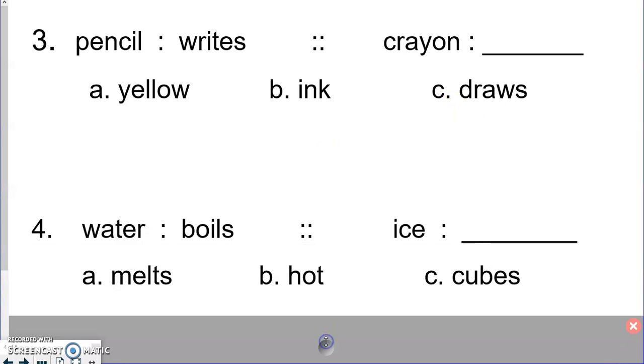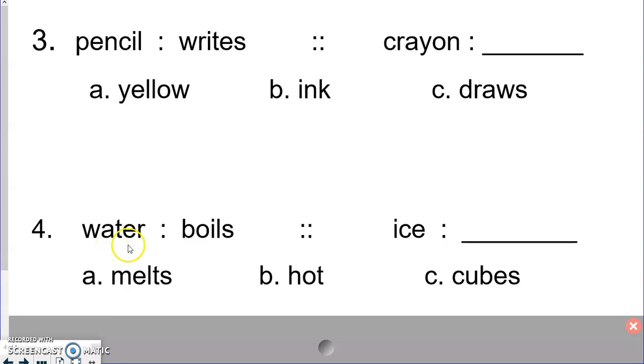Let's look at another. Water is to boils as ice is to blank. And this one's a little trickier. We're still looking at its function or its action or its job, but we have to think a little deeper this time. So let's think about how we could verbalize or turn water is to boils into a sentence.